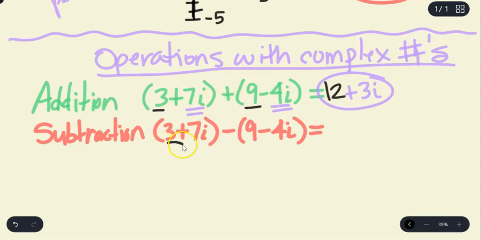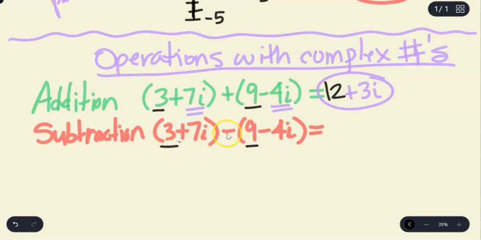I've got my real components and I have my imaginary components. So I'm going to take the 3 and the 9, but I have 3 minus 9. You have to use this sign and apply it to each one of these. That's why the parentheses are important.